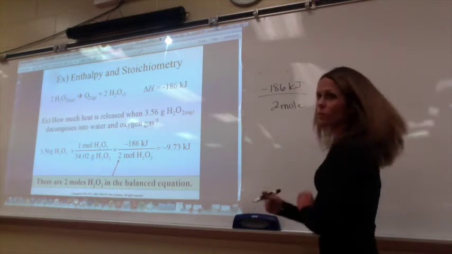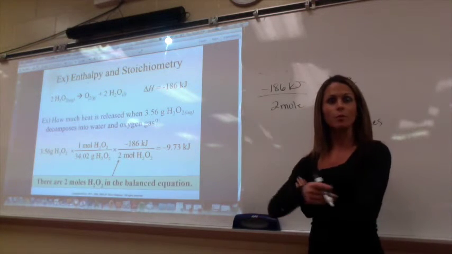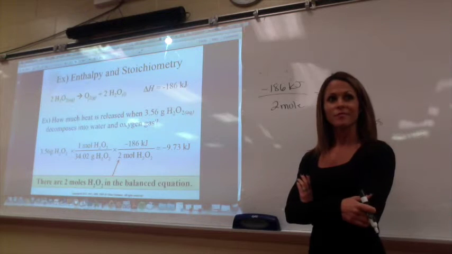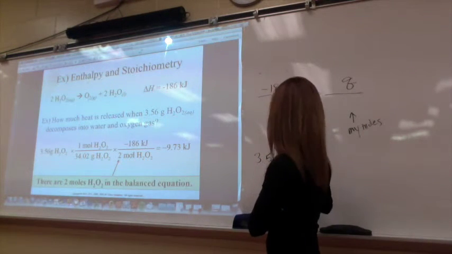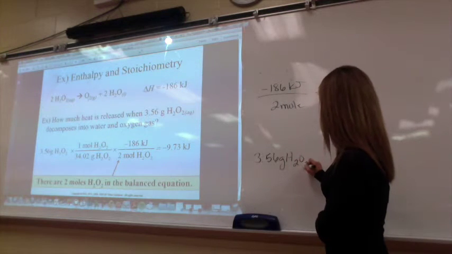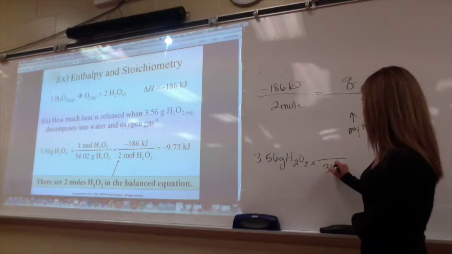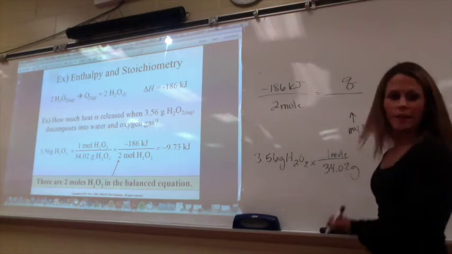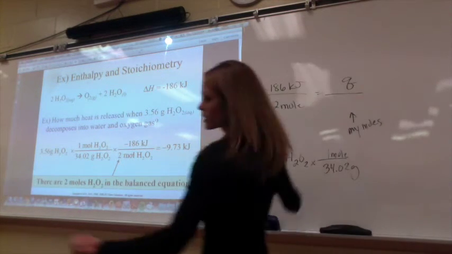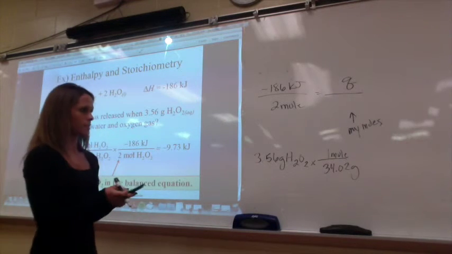How do you find your moles for this problem? What are you going to use? Just molar mass, right? So I'm just going to convert this to moles using the molar mass per 1 mole. And then I'm going to solve for that and put that right there, and then the problem's done.